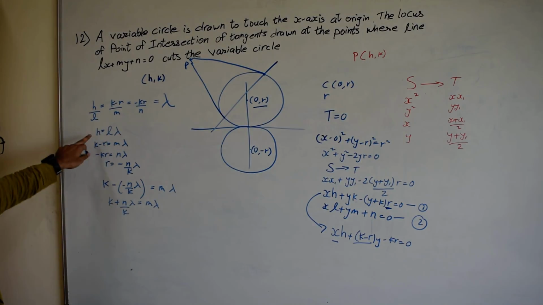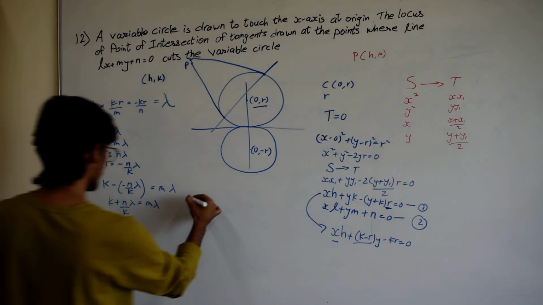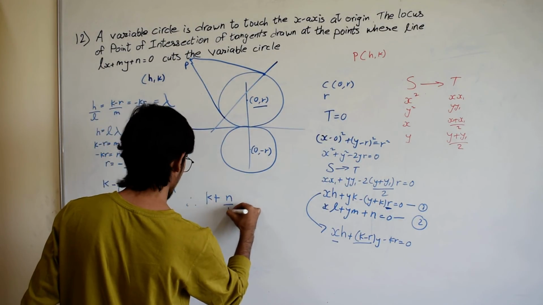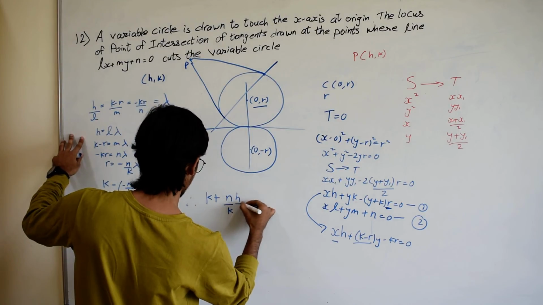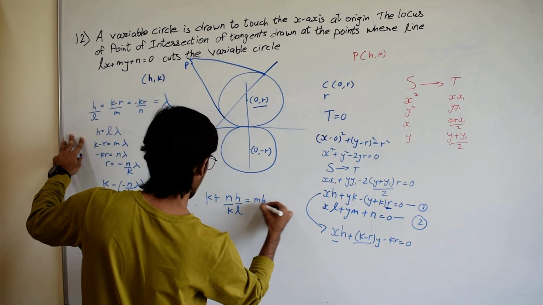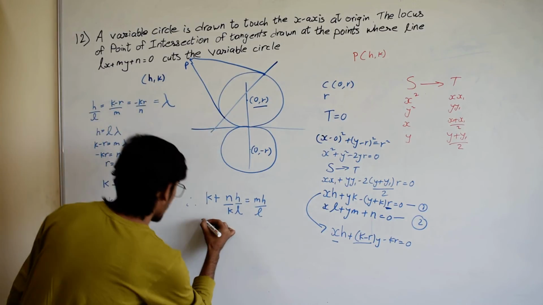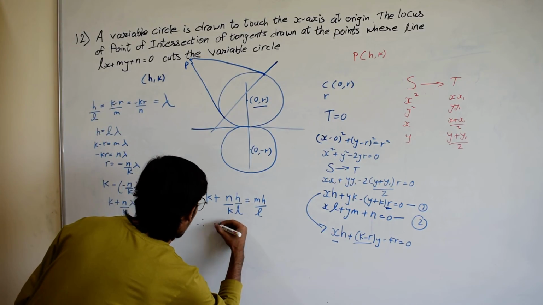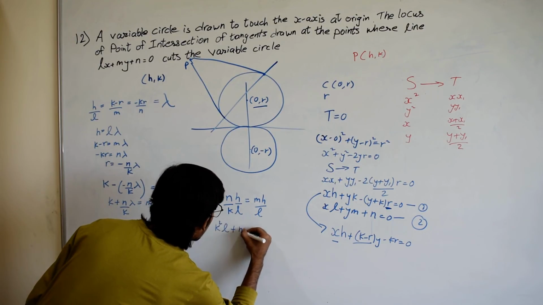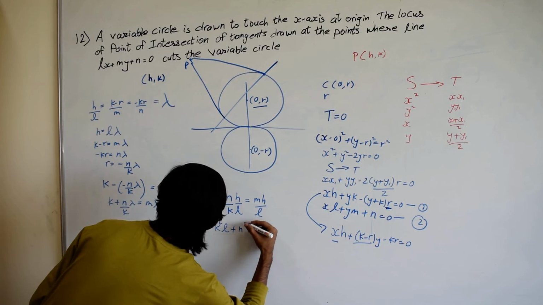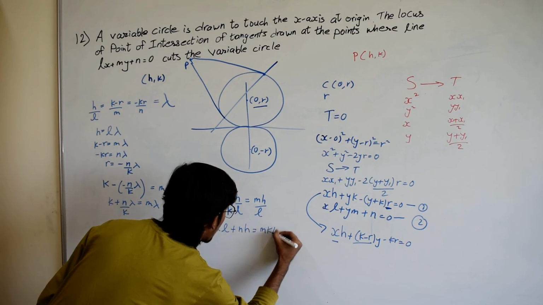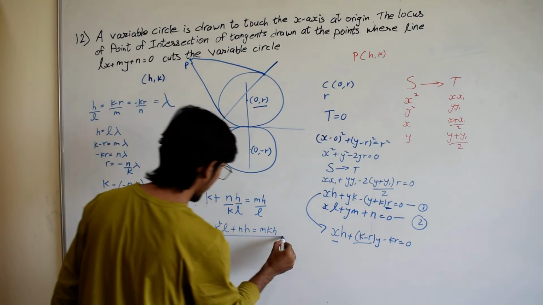We know that lambda equals h by l. Therefore, the equation would become k plus n by (k times h by l) equals m h by l. Using LCM, we have k square l plus n times l... equals m k h. Now we have the final equation.